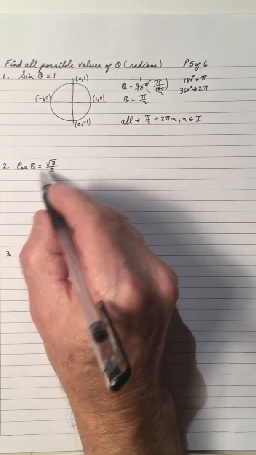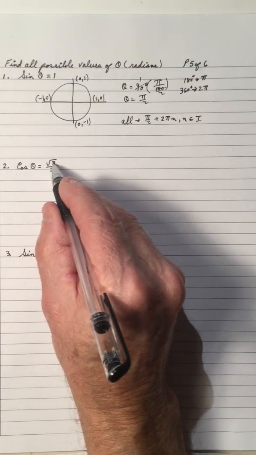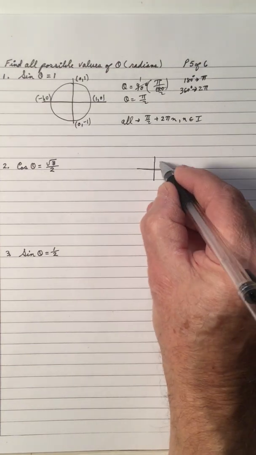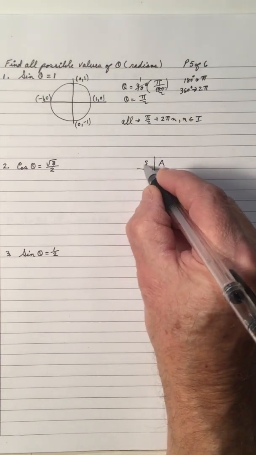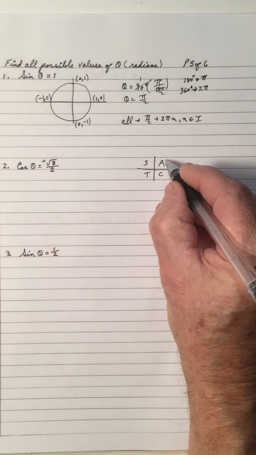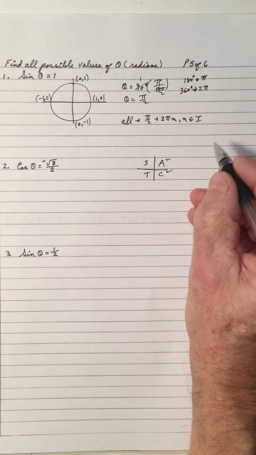So let's do some more. Cos is root 3 over 2. So let's see, add sugar to coffee. Cos is positive, which is quadrants 1 and 4.